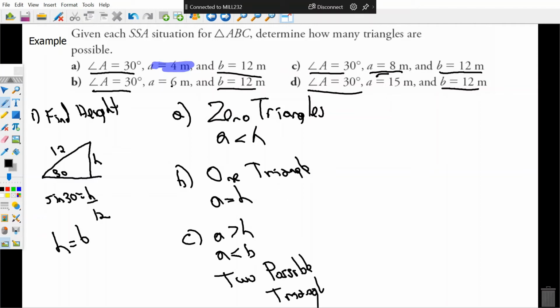And that's the special case, where A is greater than the height, but A is less than B. In part D, A is greater than B. As soon as A is greater than B, there's only 1 possible triangle. Okay?